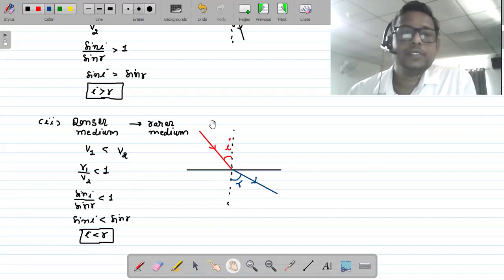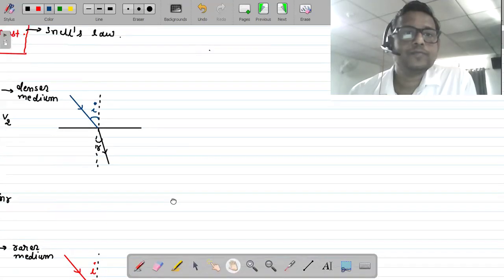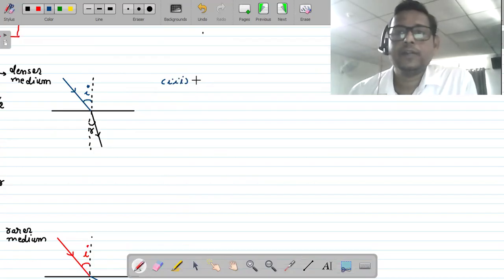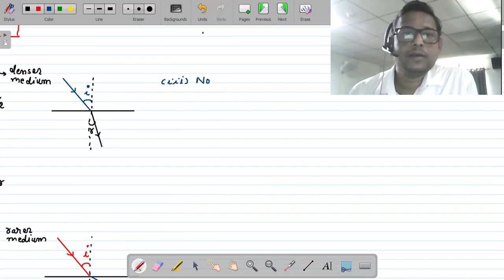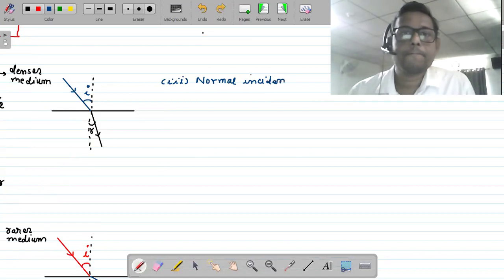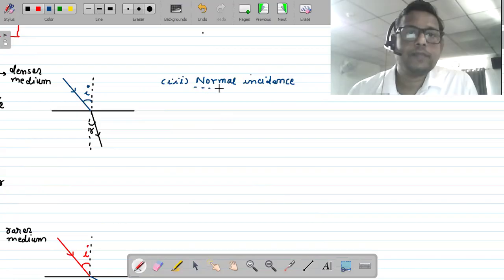So let's see two more cases, like the third case. In the third case, what is happening? The light ray is incident normally, or I can say normal incidence. Let's see what is happening in case of normal incidence.